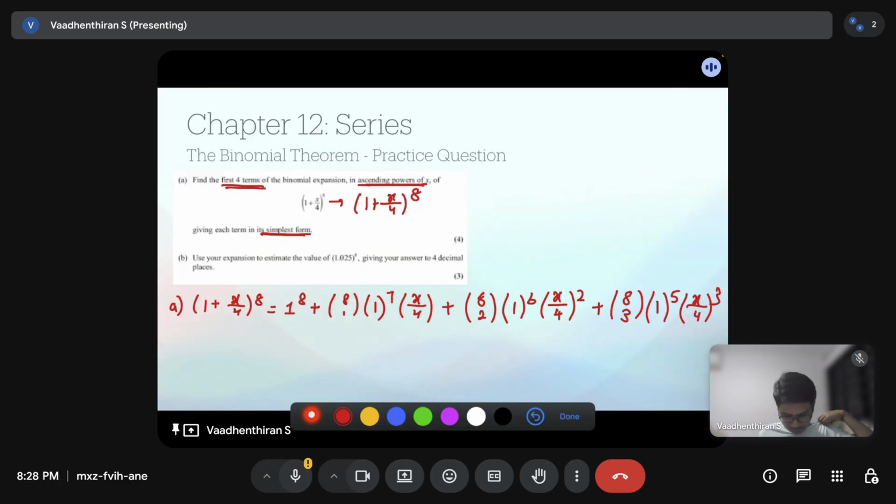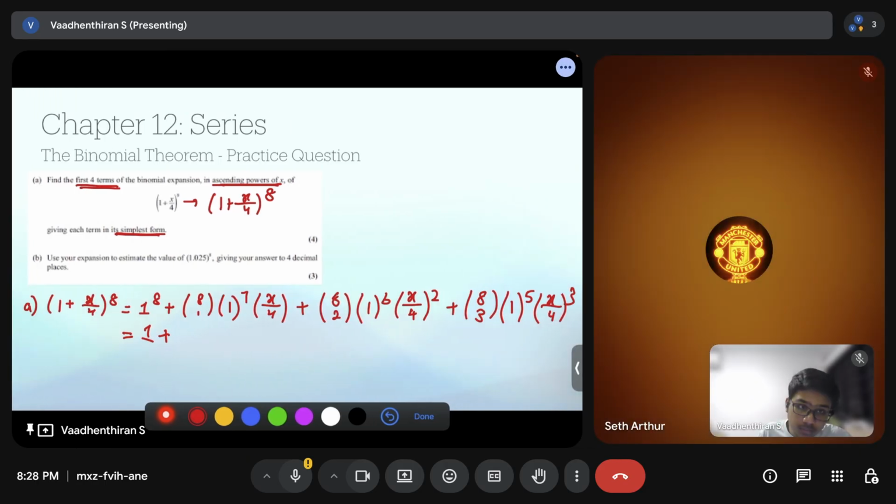So this is the expanded form. You can just simplify from here. So this will be 1 plus 8 times x by 4, which is 2x, plus 8 choose 2 divided by 16, since 4 squared is 16.